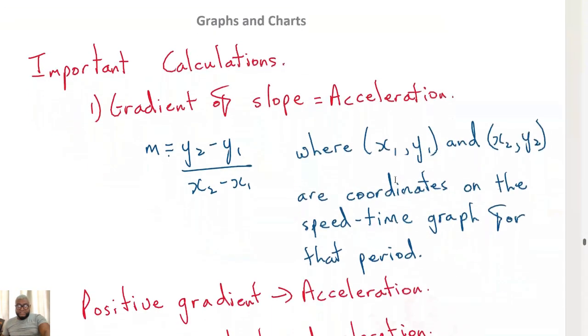Important calculations. The gradient of the line is the acceleration, right? How do we find gradient? Gradient is equal to y2 minus y1 over x2 minus x1, where x1, y1 and x2, y2 are coordinates on the speed-time graph for that period.